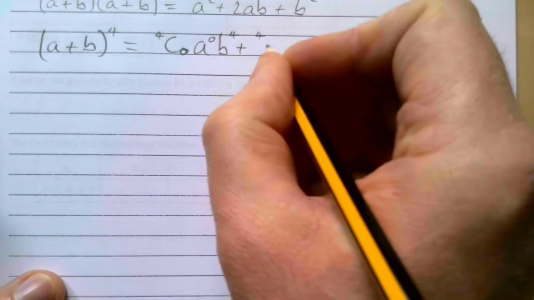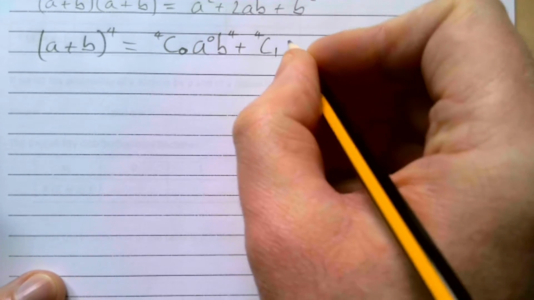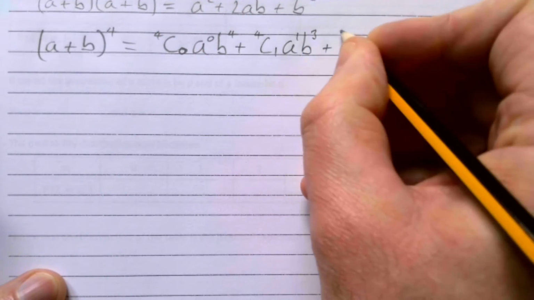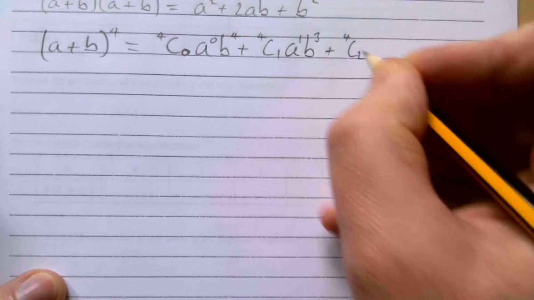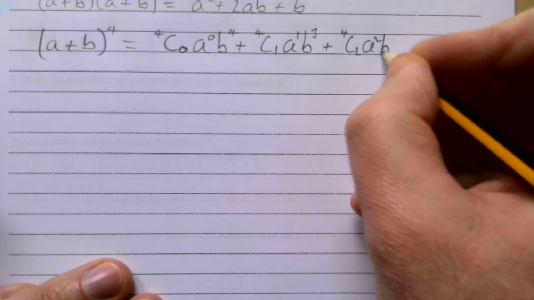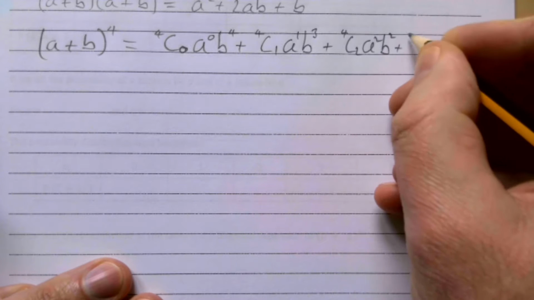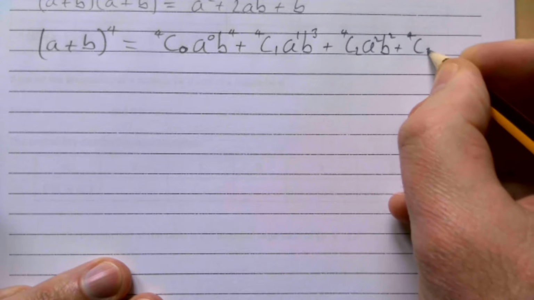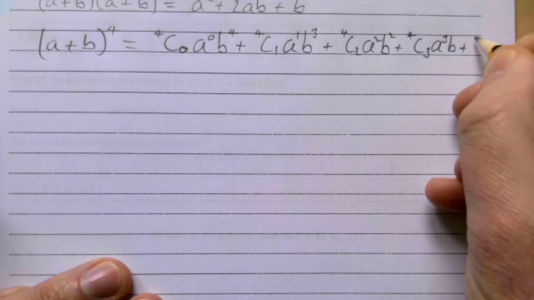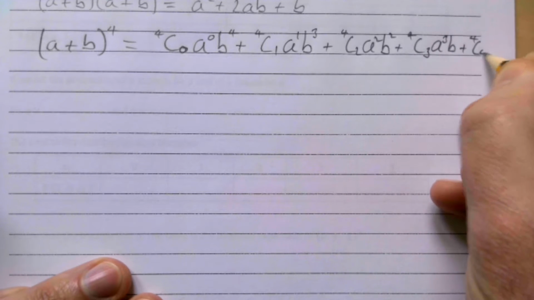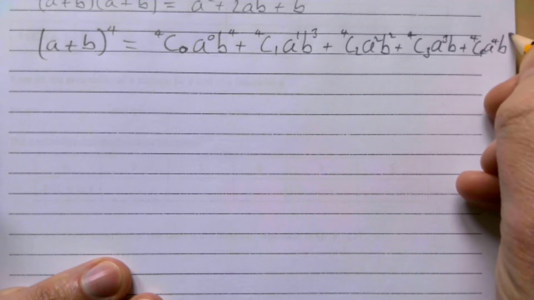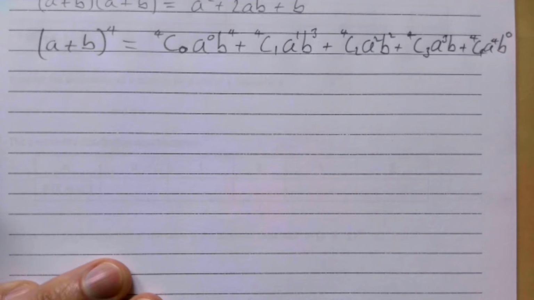Plus 4C1, A to the power 1, B to the power 3, plus 4C2, A to the power 2, B to the power 2, plus 4C3, A to the power 3, B, plus 4C4, A to the power 4, B to the power 0. Just about fitted that in.